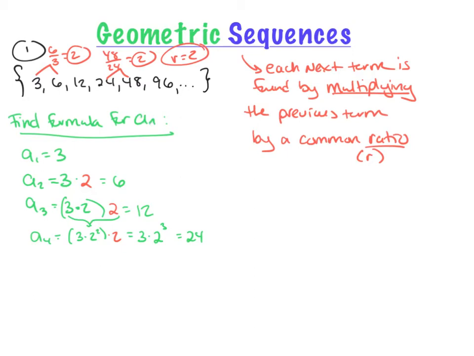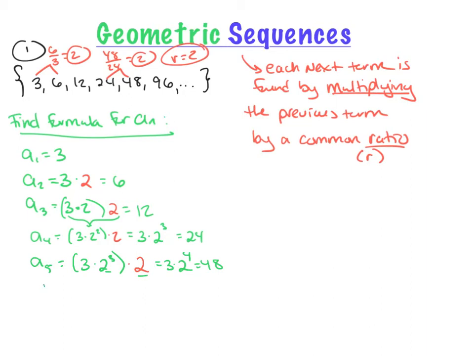Okay, let's do maybe 1 or 2 more. The fifth term is the previous term. Instead of writing 24, I'm going to write 3 times 2 cubed times the common ratio, so 24 times 2. Now I know that's 48, but I want to look for the pattern. So this is 3 times 3 2s, 1 more 2 is 4 2s.